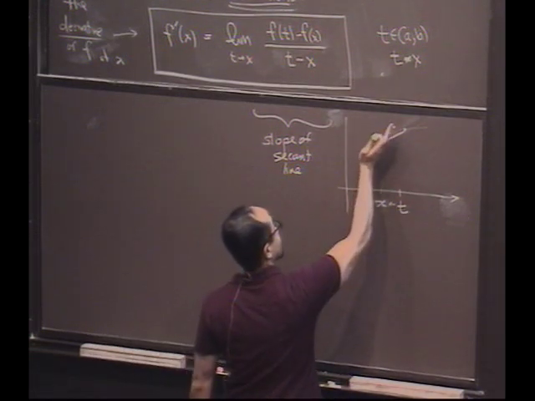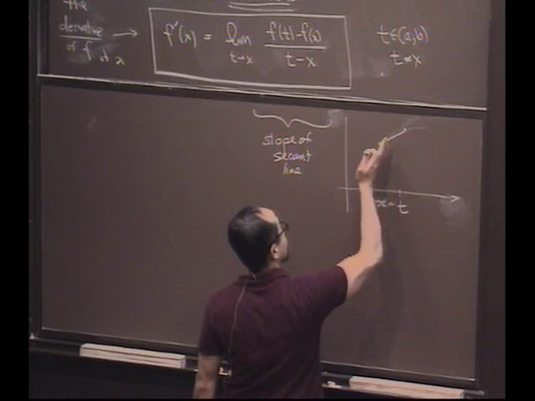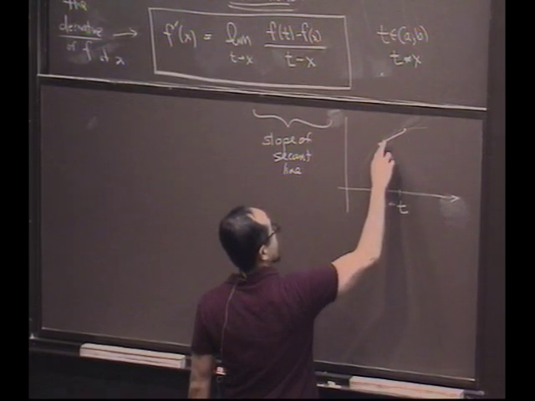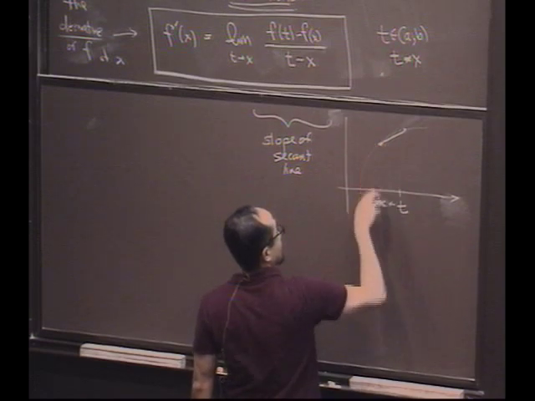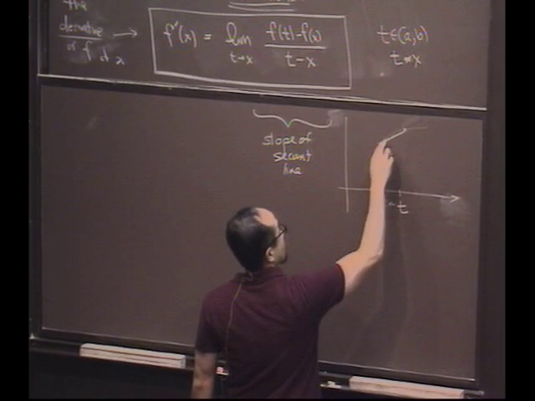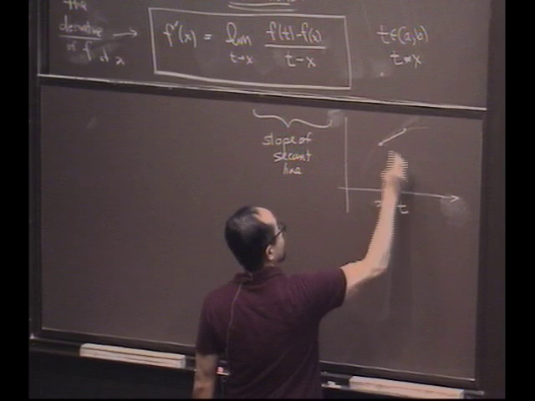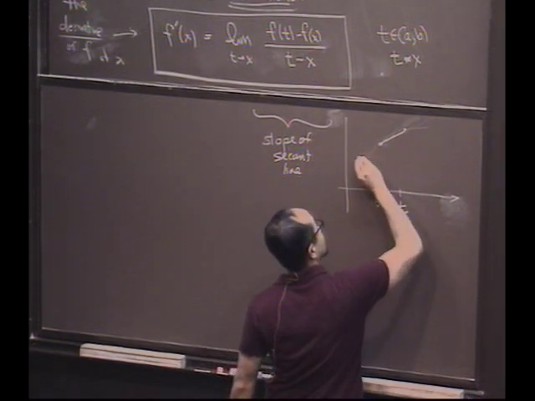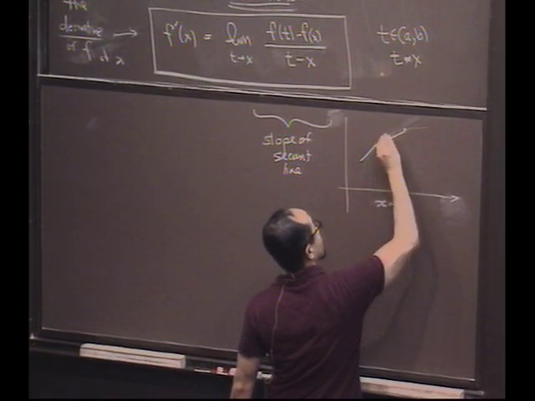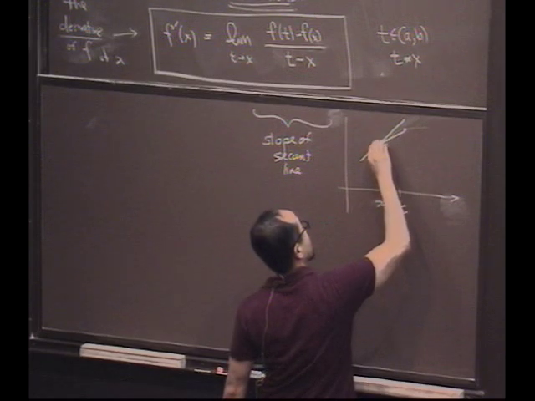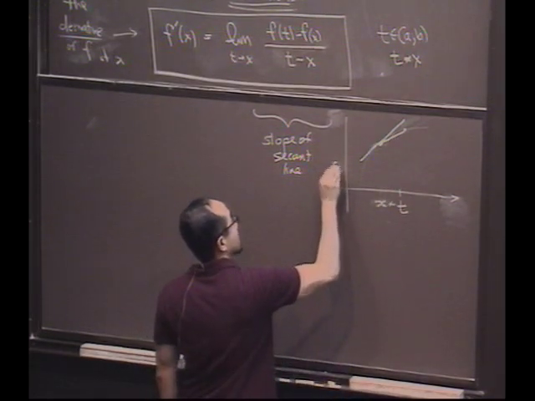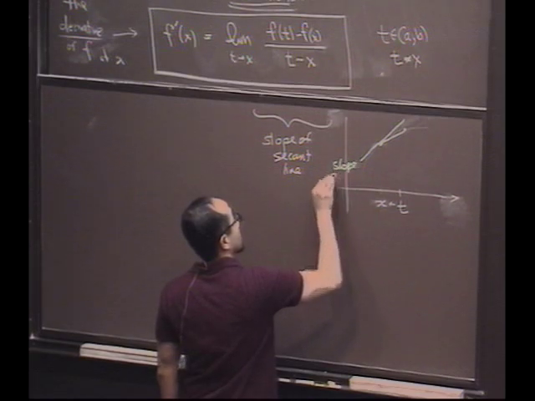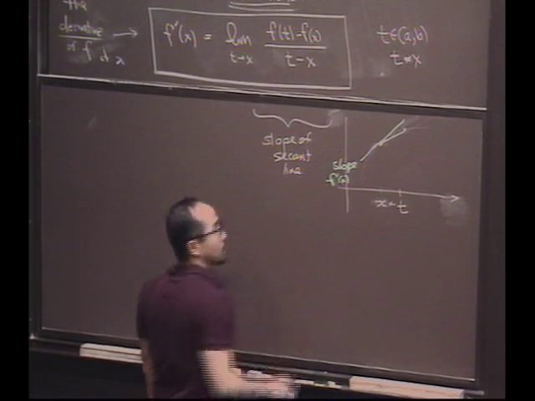If you could put a secant line that subtended the point right at x and a point very close nearby, you'd get the slope of this line, which we often call the tangent line. So this thing has slope f prime at x.